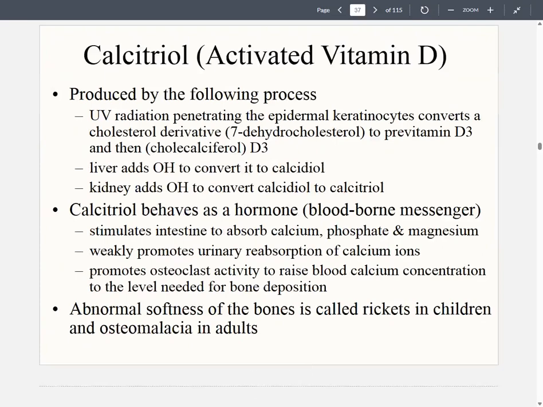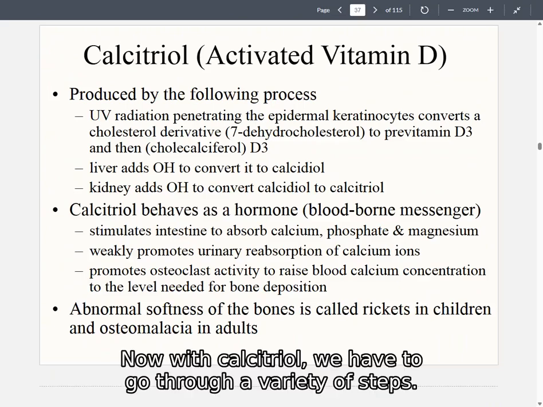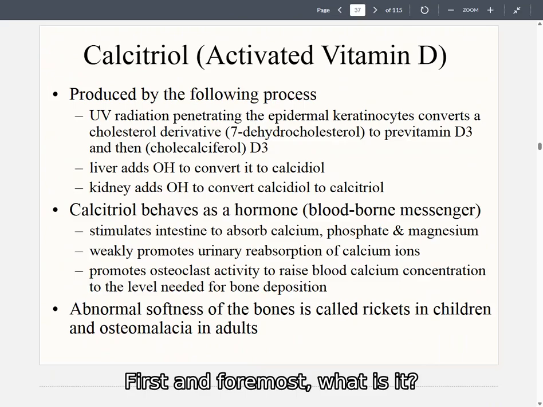Calcitriol. Now, with calcitriol, we have to go through a variety of steps. First and foremost, what is it?